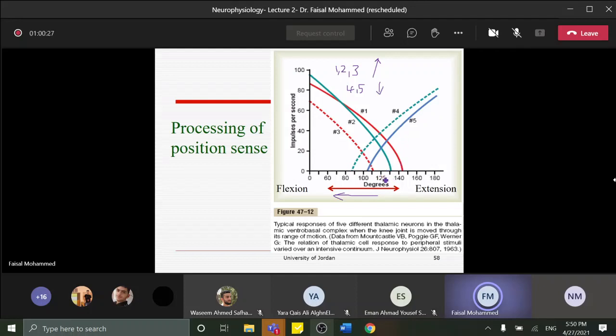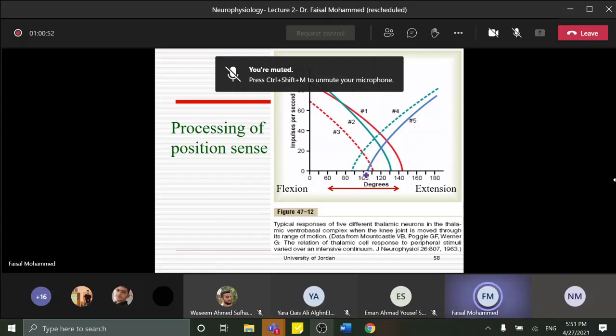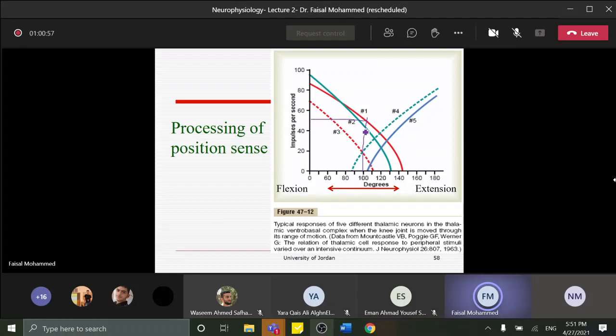So if we come here to 120 degrees instead, see how much here, how much on 4, how much on 5, how much on 2. If we come to, for example, 100 degrees, at 100 degrees there is nothing but 1, 2, 3 and 4. So this combination fits only one degree. Any degree, this is 100, this is 120, different degrees, different combinations, this is 160, a different combination. So by this combination of impulses coming from different neurons we know the position, we know our position.